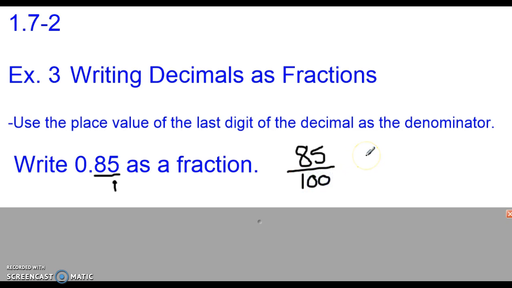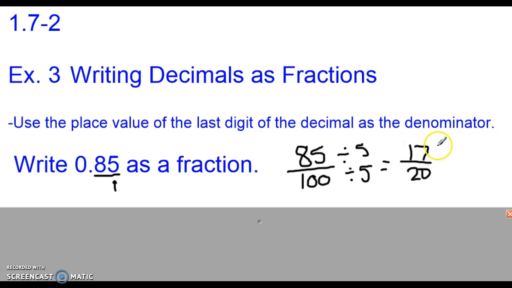Now this fraction is not in simplest form, so I'm going to look at both my numerator and denominator and see if I can factor anything out. I know that I can factor out 5 from both the numerator and the denominator. 100 divided by 5 would give me 20, and 85 divided by 5 would give me 17.